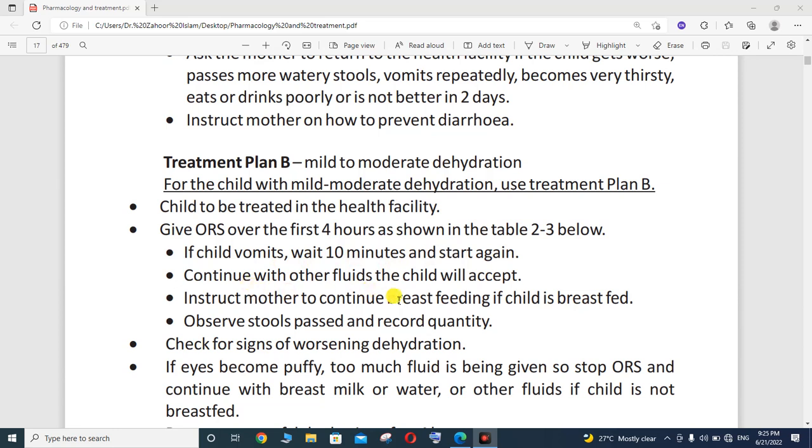Continue with other fluid the child will accept. Instruct the mother to continue breastfeeding if the child is breastfed. Observe the stools passed and record the quantity. Check for signs of worsening dehydration.